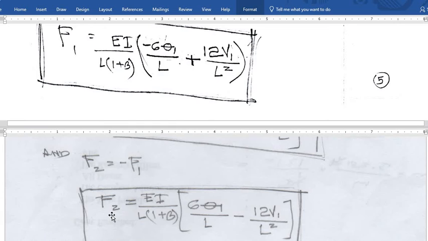So, F2 now becomes EI all over L times the quantity 1 plus beta times the quantity 6 theta 1 all over L. Now, why did that become positive? Negative times negative will give you positive. Okay? So, negative times positive becomes negative 12v1 all over L.